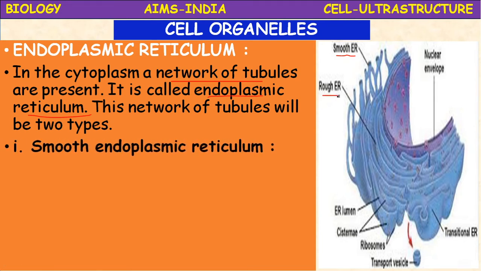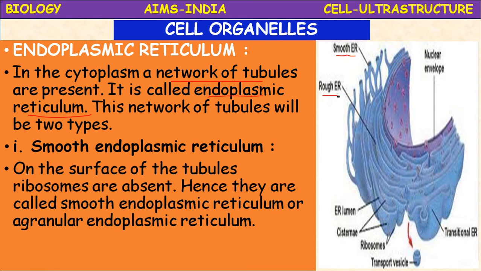Smooth endoplasmic reticulum: if there are no granules or ribosomes on the surface of the endoplasmic reticulum, then it is a smooth endoplasmic reticulum. The smooth endoplasmic reticulum is also called agranular endoplasmic reticulum.